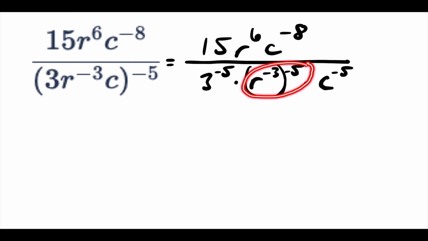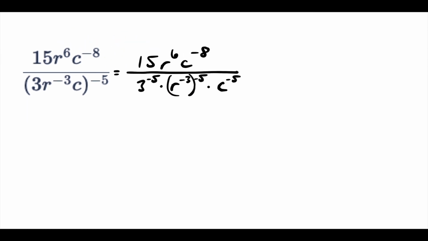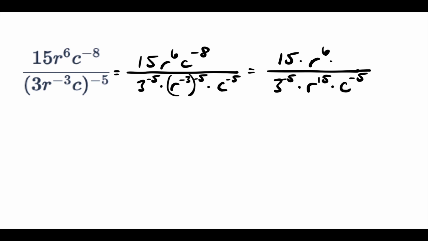What am I going to do to those 2 powers? If I have a power to a power, I multiply. Okay, so let me rewrite that without parentheses. 3 to the negative 5, r to the positive 15, because it's negative times a negative. Okay. No more parentheses.